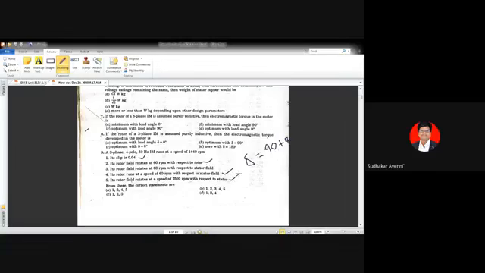Why? Because the stator speed is 0 and the rotor magnetic field speed is 1500 rpm. The relative speed between these two is 1500 rpm minus 0, which is 1500 rpm. So for this ninth one, the right option is A.